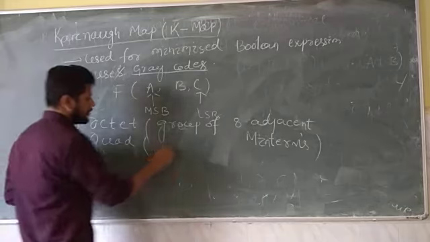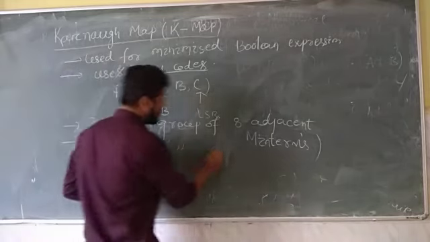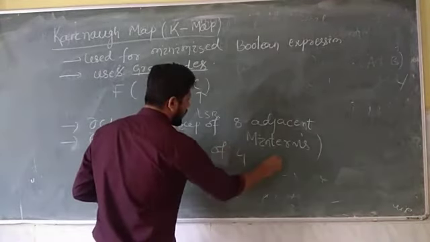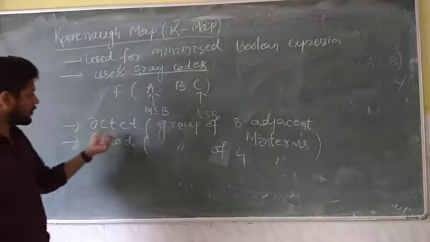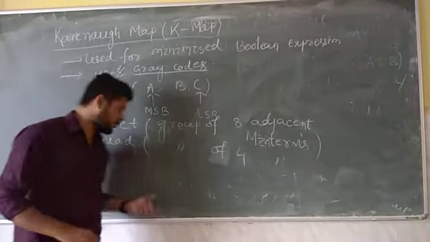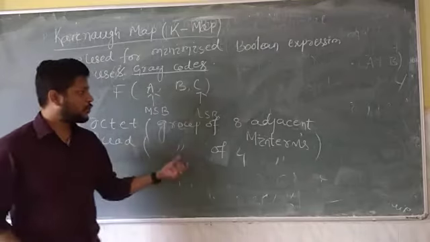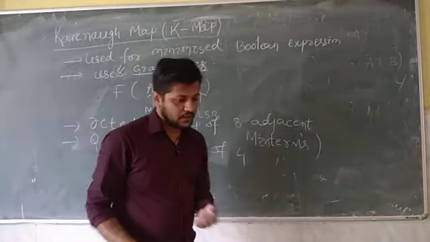Quad means similarly a group of 4 adjacent minterms. So you need to remember this. Octet means a group of 8 adjacent minterms. Quad means a group of 4 adjacent minterms.